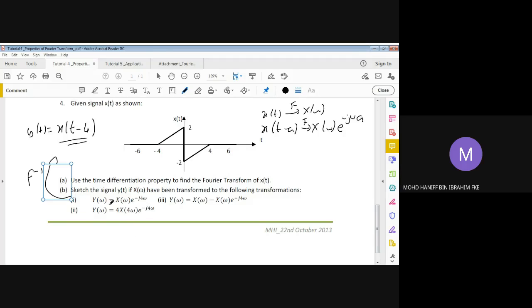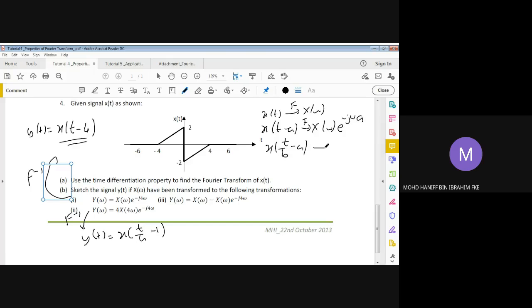For part 2 of the question, when you do the inverse Fourier transform, you are supposed to get y(t) equal to x(t/4 minus 1). Let me use the property again. Say I have x(t/b minus a).